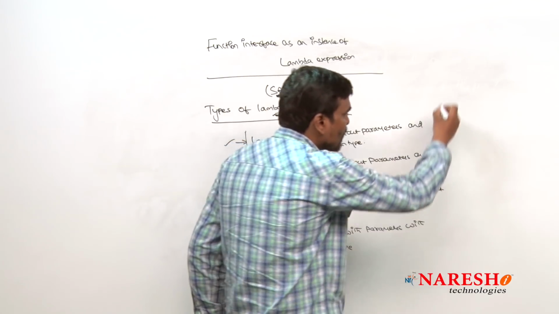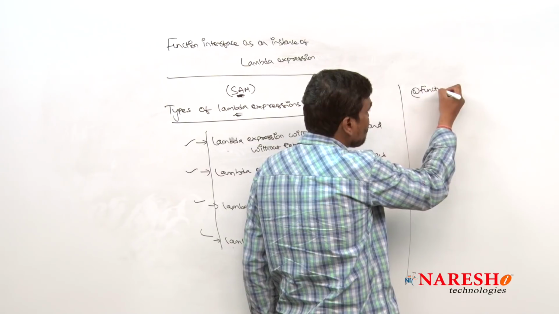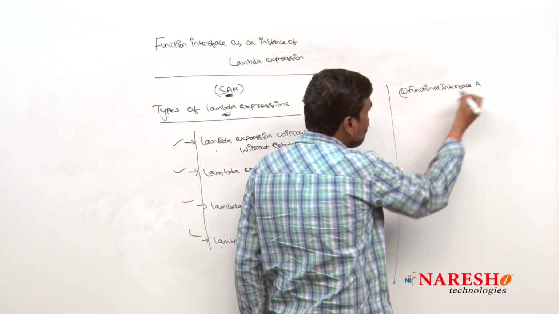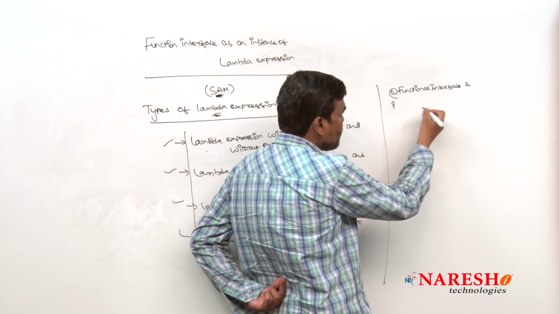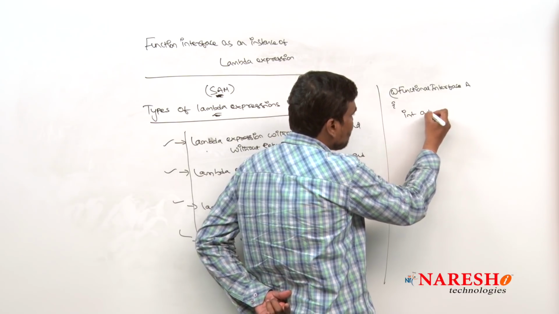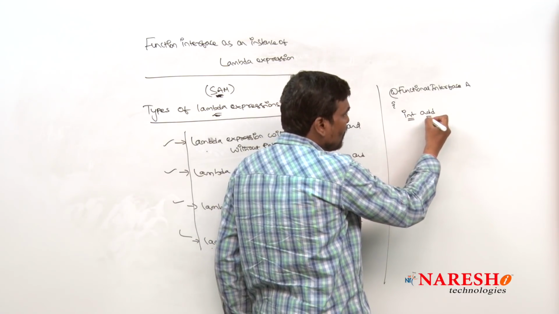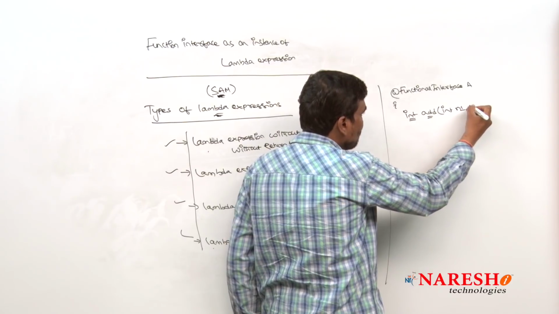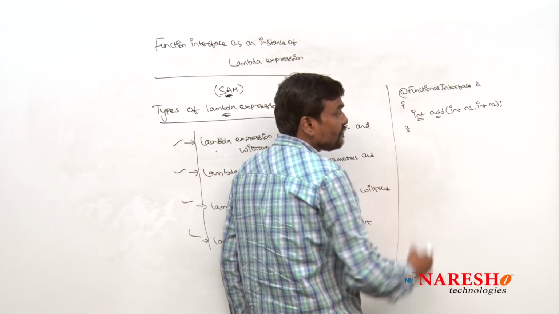What I mean to say is, there is a functional interface called A, and it has one abstract method called add. Add has return type integer, and it has two parameters, integer n1 and integer n2.